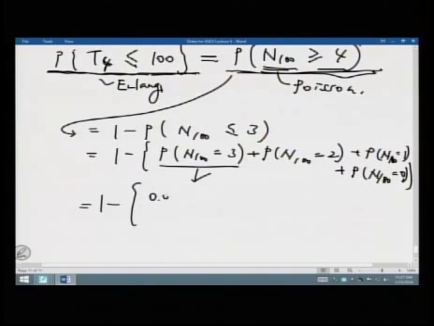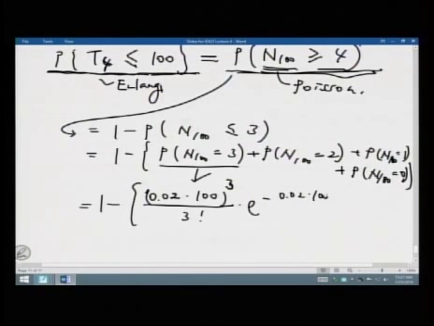So 0.02 times the total number, which is 100, to the power 3, over 3 factorial, times e to the minus lambda t, which is 0.02 times 100.